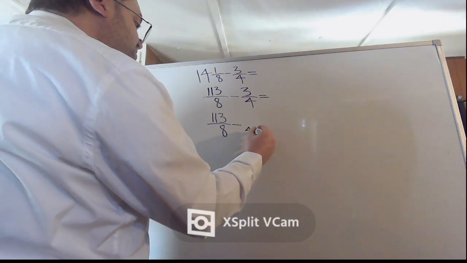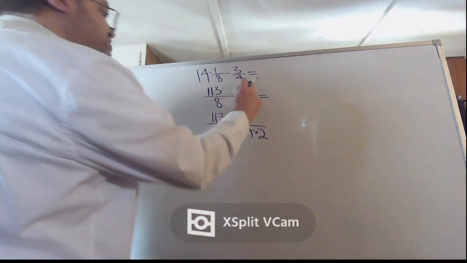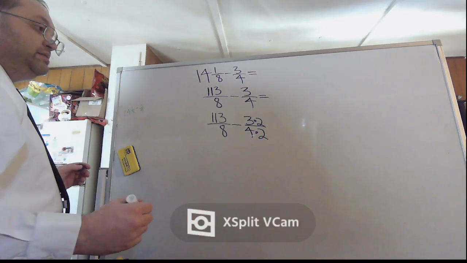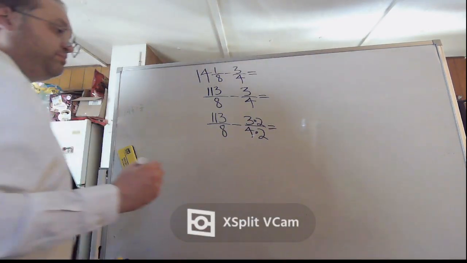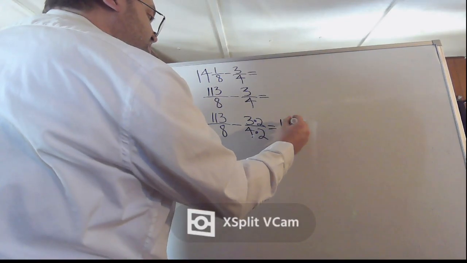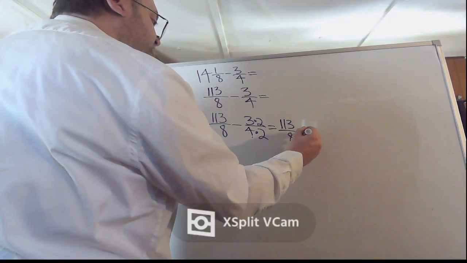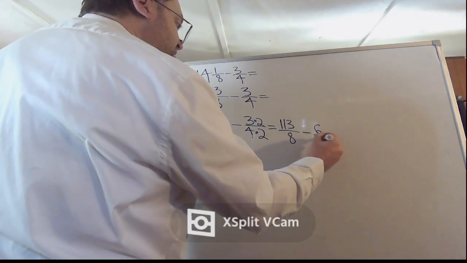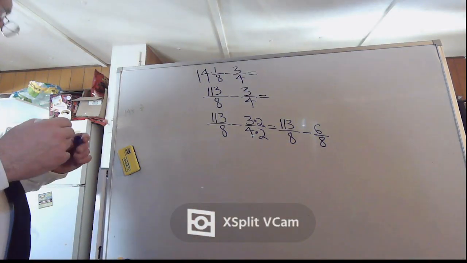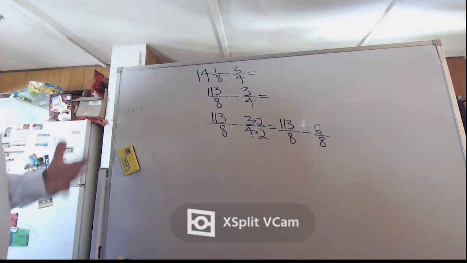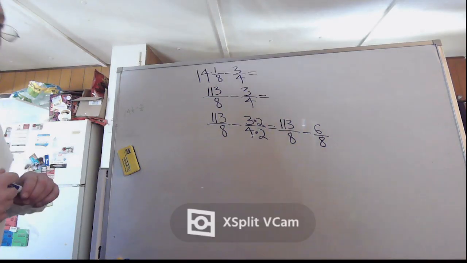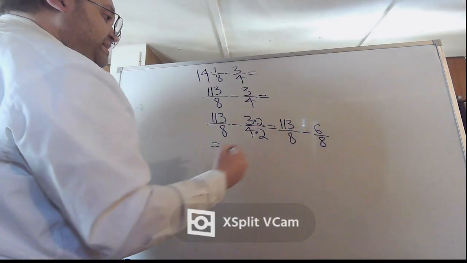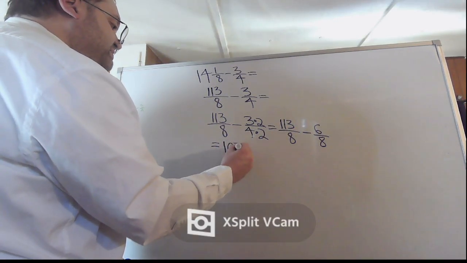So you have 4 times 2 for your denominator, which means you'll have 3 times 2 in your numerator. 3 times 2 is 6, 4 times 2 is 8. So you'll have 113 eighths minus 6 eighths. We can now do the subtraction since they have the same denominator. What's 113 minus 6? That's going to be 107 eighths.